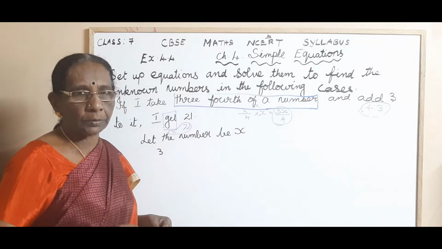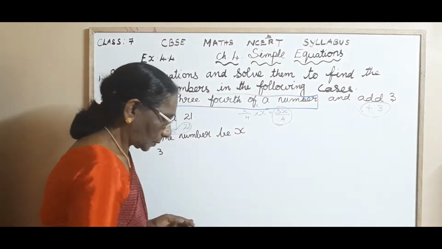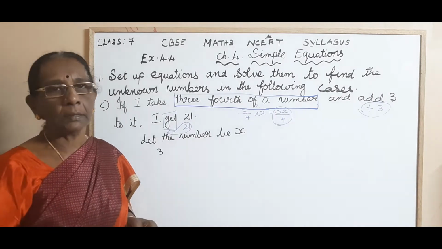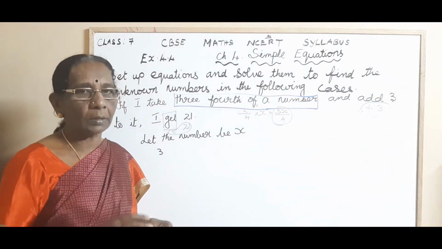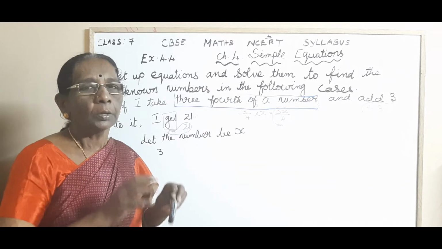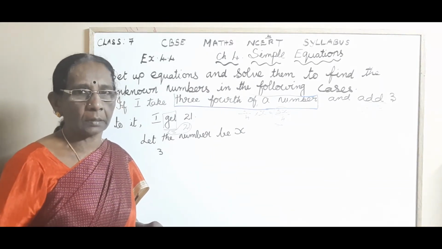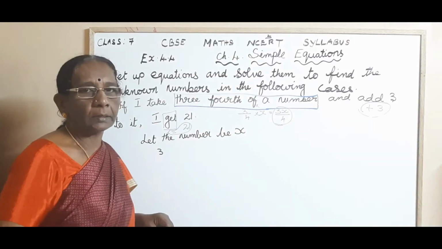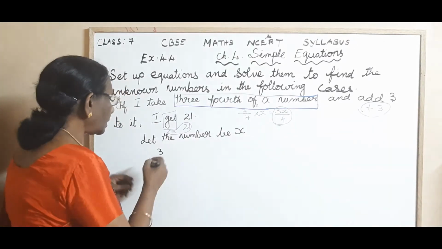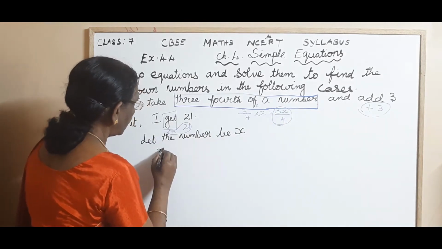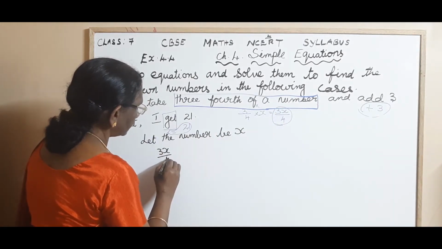Is it easy for you to set up the equation? So you should know what is 3/4, 1/3, 2/3. These are all fractions. You should know this is the way of reading a fraction, like 7/10. Now, 3 by 4, so 3x by 4.